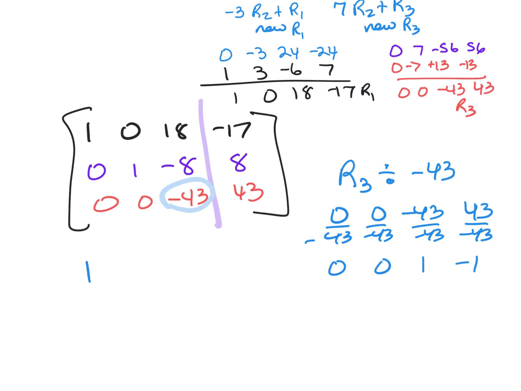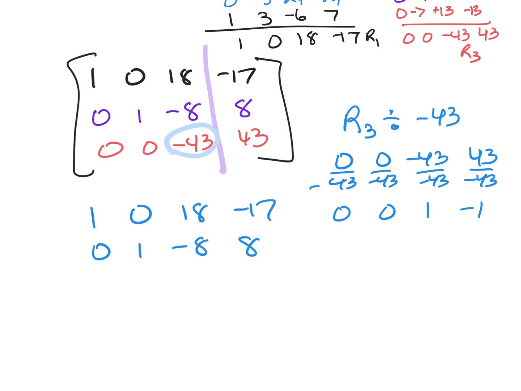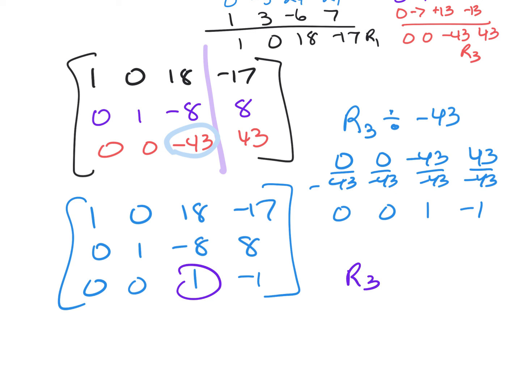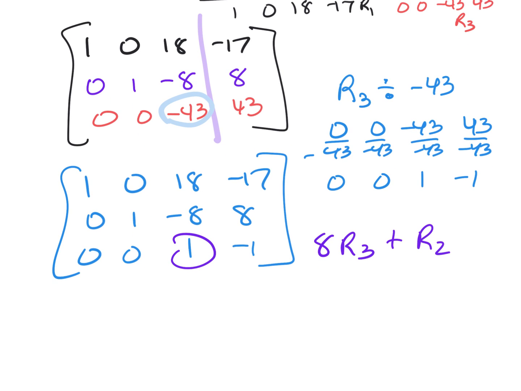So now I have 1, 0, 18, -17, 0, 1, -8, +8, 0, 0, 1, -1. All right, now I just have to take this newly found row 3. I'm going to multiply it by +8 and then add it to row 2. And then I'm going to multiply the row 3 by -18 and add it to row 1.